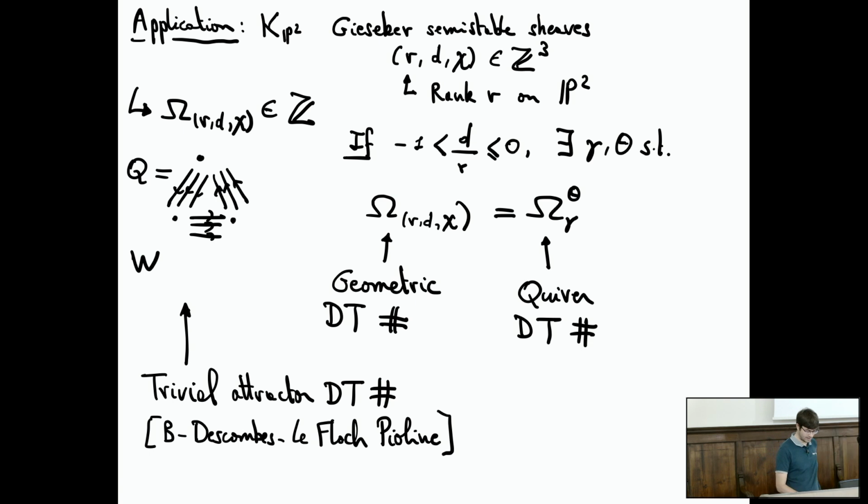But it's a fact, already known in some language since Drézet and Le Potier's study of moduli spaces of sheaves on P2, that if the slope d over r is between -1 and 0, then for every geometric data you can find a correct dimension vector and a correct stability parameter theta on your quiver such that your geometric DT invariant equals your quiver DT invariant. You can go from geometric to quiver without crossing any wall if you have this condition on D and R.